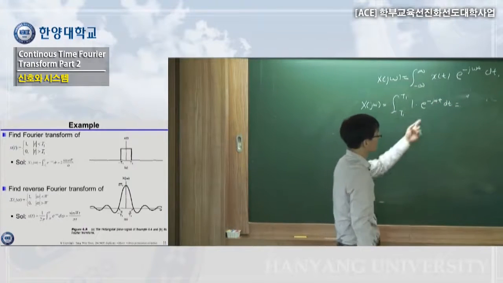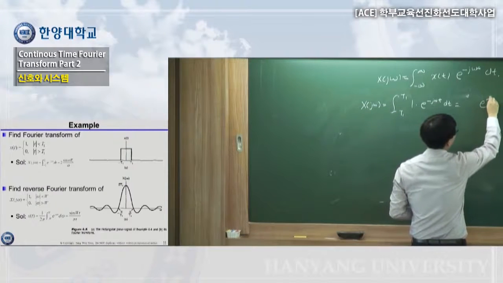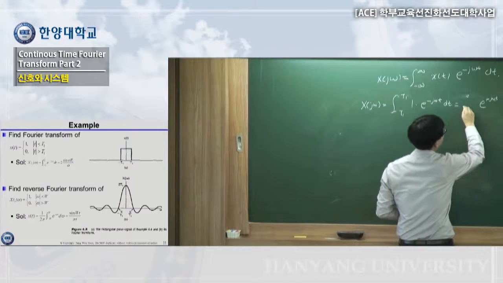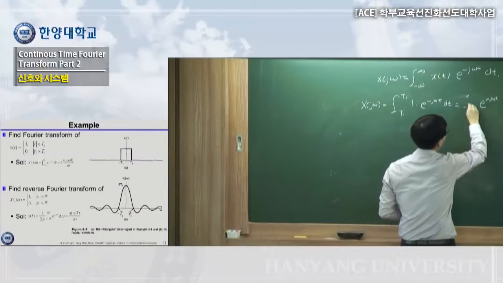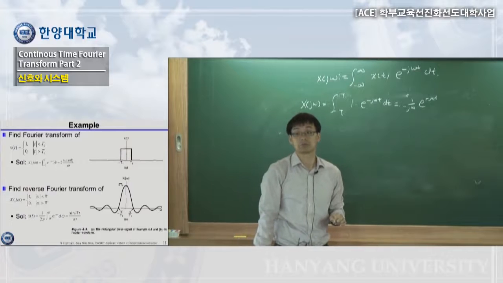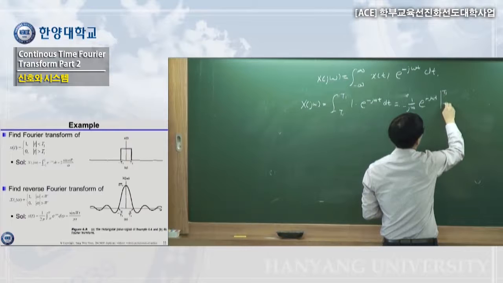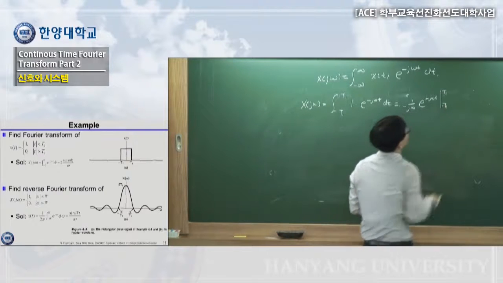How do you calculate this? The integration of e^(minus j omega t) is just 1 over minus j omega, right? And let's put in t1 and minus t1.